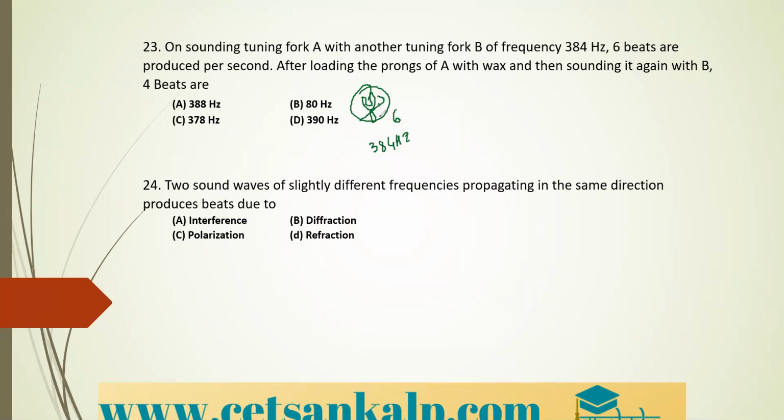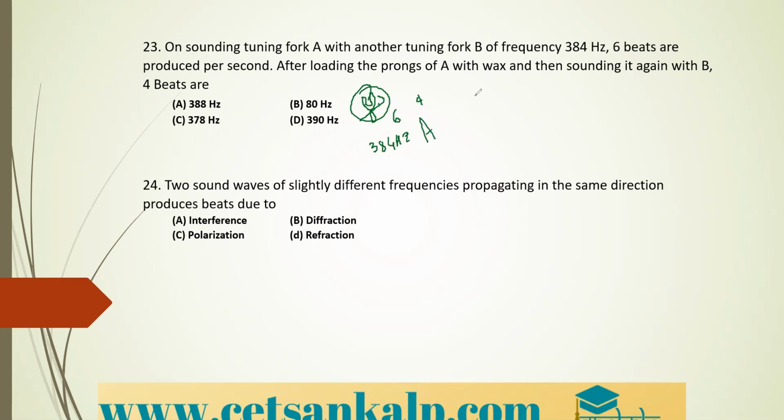This upper part is called the prongs of the tuning fork. So when wax is applied to it and the sound is produced again, it is producing 4 beats per second. Earlier it was producing 6, now it is producing 4 beats per second. So you need to calculate the frequency of tuning fork A.